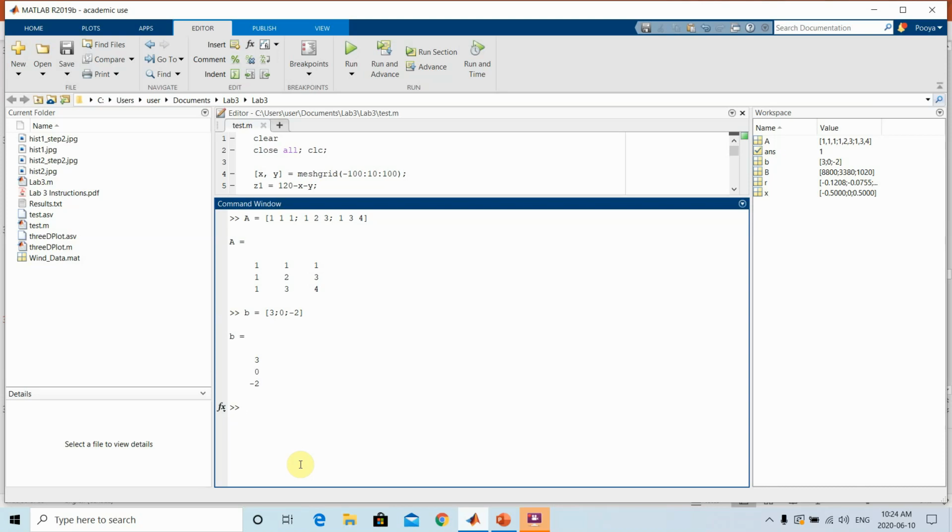Okay, so what is reduced row echelon form helpful for? It's helpful when we do this.